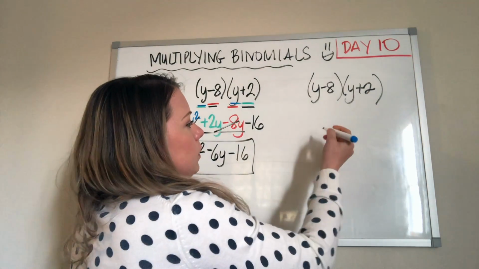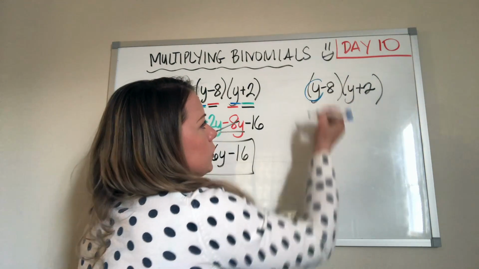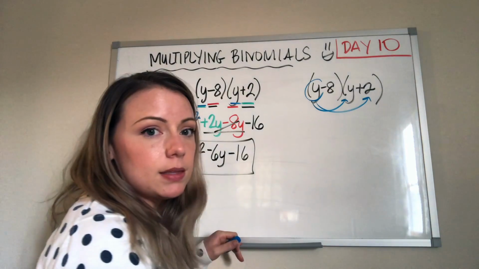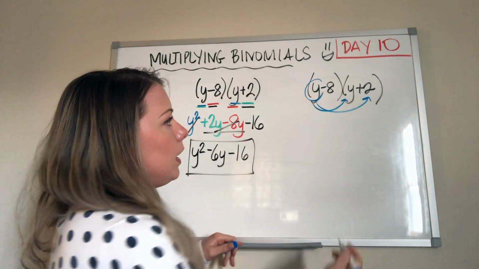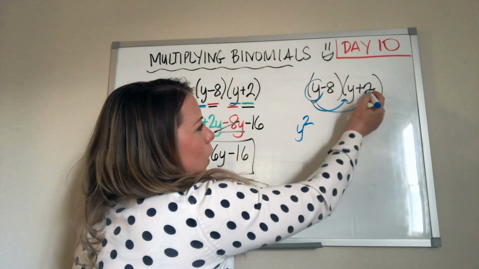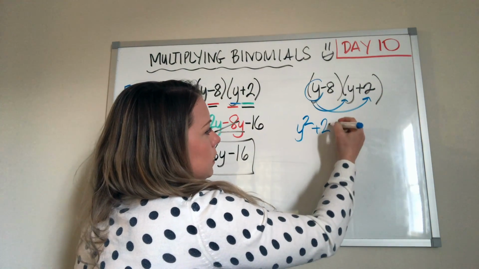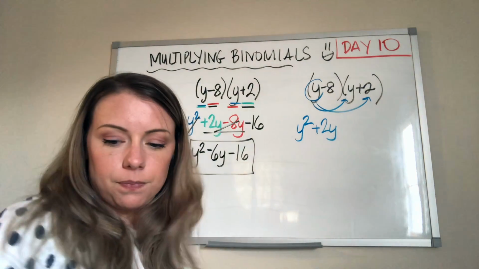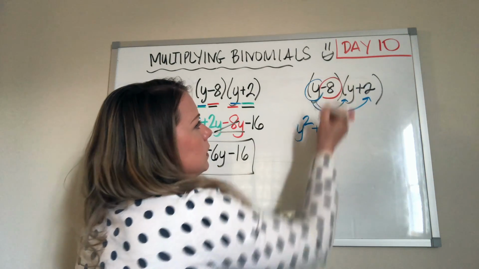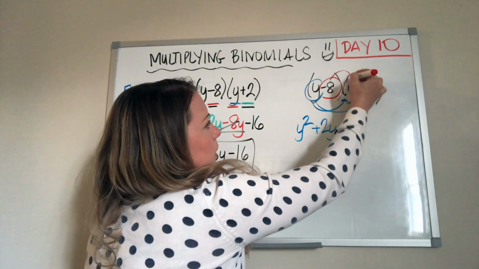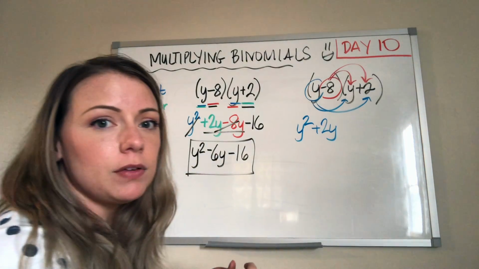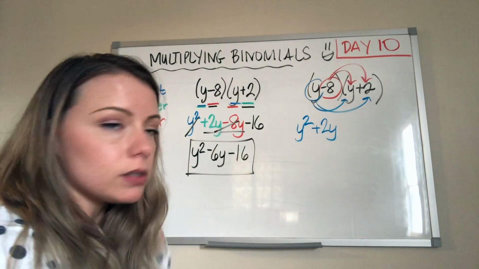With the distributive property, I'm going to take one term at a time and multiply it by each term in the second binomial. So I have y times y, which is y squared. Then I have y times 2, which is positive 2y. And then my second term I'm going to distribute is that negative 8. Keep in mind it's negative because I have that subtraction sign.